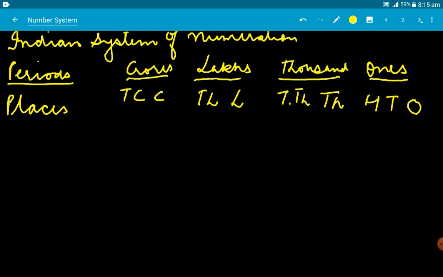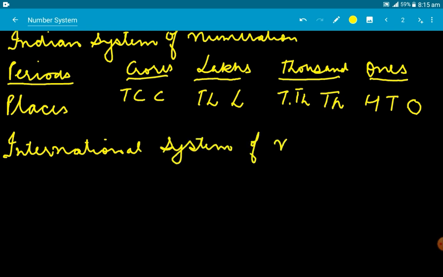Now the second system is the international system of numeration. This system of numeration is used worldwide.